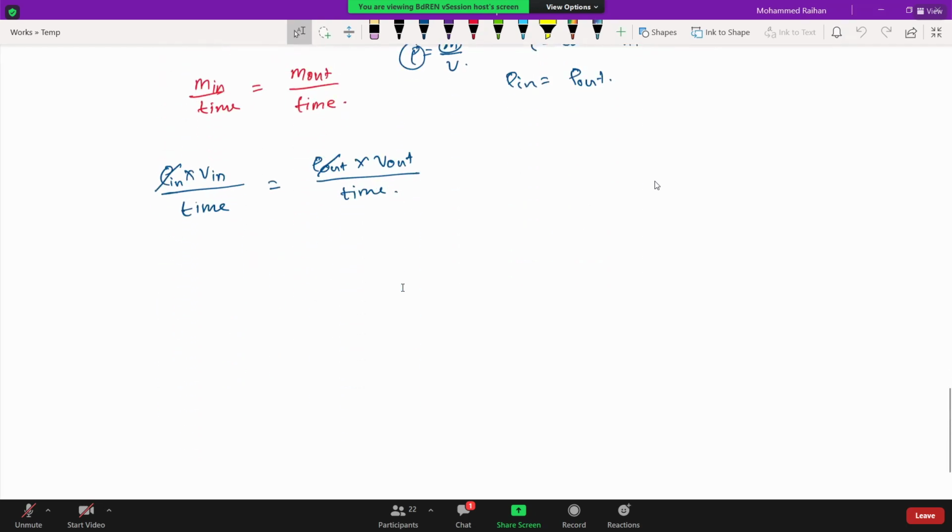So can I just say volume of fluid in divided by t equals volume of fluid out per unit time? So we are saying that volume of fluid in per unit time is equal to volume of fluid out per unit time, and they have a special name for it that's called flow rate.